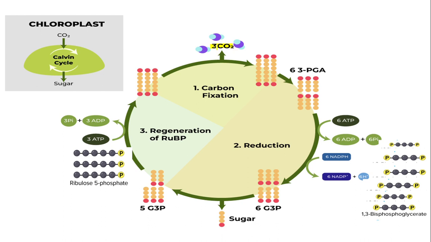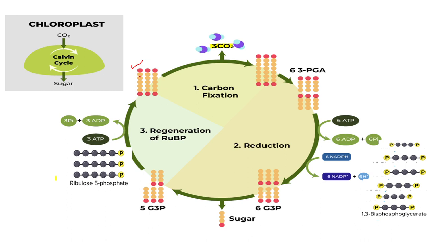So first of all, guys, the three carbon dioxide molecules will enter into the reaction, and these three carbon dioxide molecules will first react with the molecules of RuBP, that is ribulose bisphosphate, and this ribulose bisphosphate is our sugar. Here you can see the three molecules of ribulose bisphosphate given, and each molecule of ribulose bisphosphate contains 5 carbons.